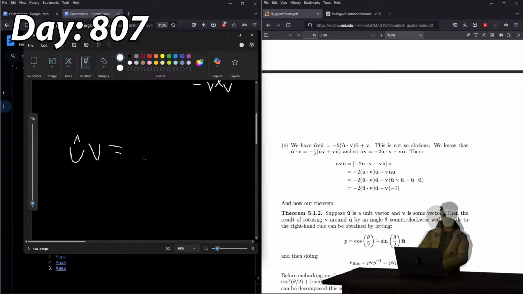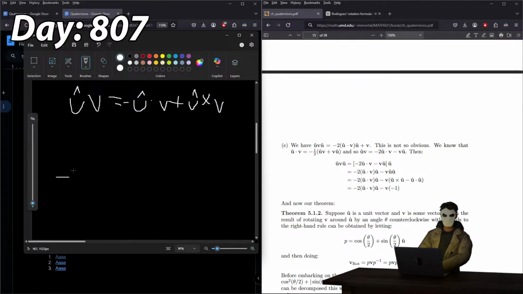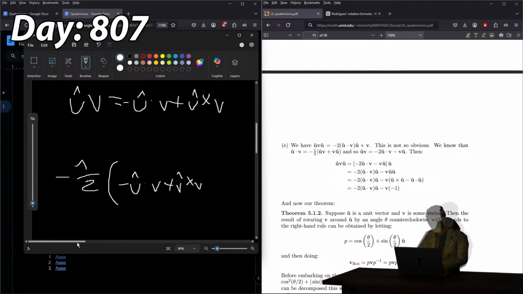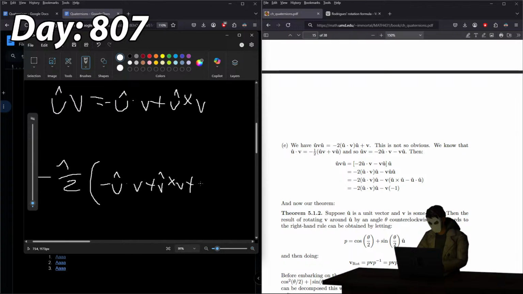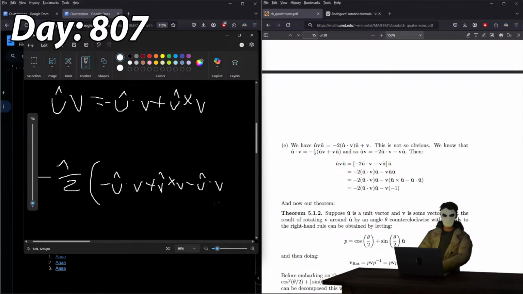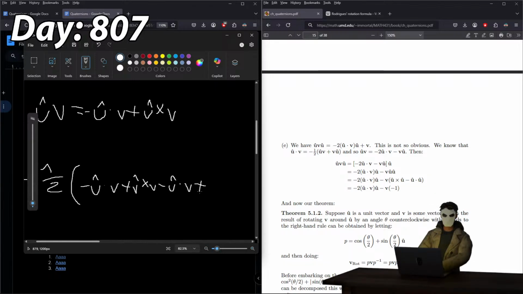UV is equal to minus u dot v plus u cross v, as what it's equal to, which means that the whole thing should be equal to -1/2 minus uv plus uv, there we go, and then plus, actually no, minus v dot u, which shouldn't matter, it should be u dot v, and then plus v cross u, like this.